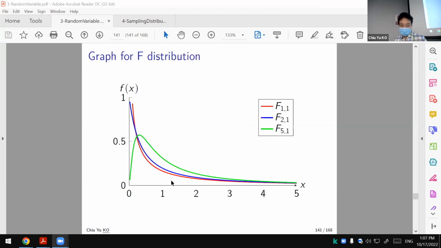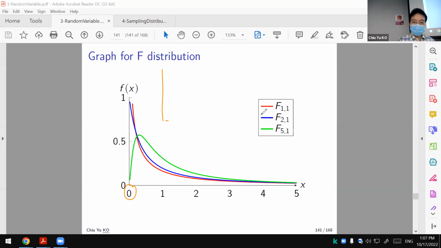In general, it's more like a bell. Look at this, it's more like a bell, and the most general one looks like the green one. It's a bell, but you can see the bell actually starts from 0. It's very similar to chi-square, but not exactly chi-square because of the ratio.